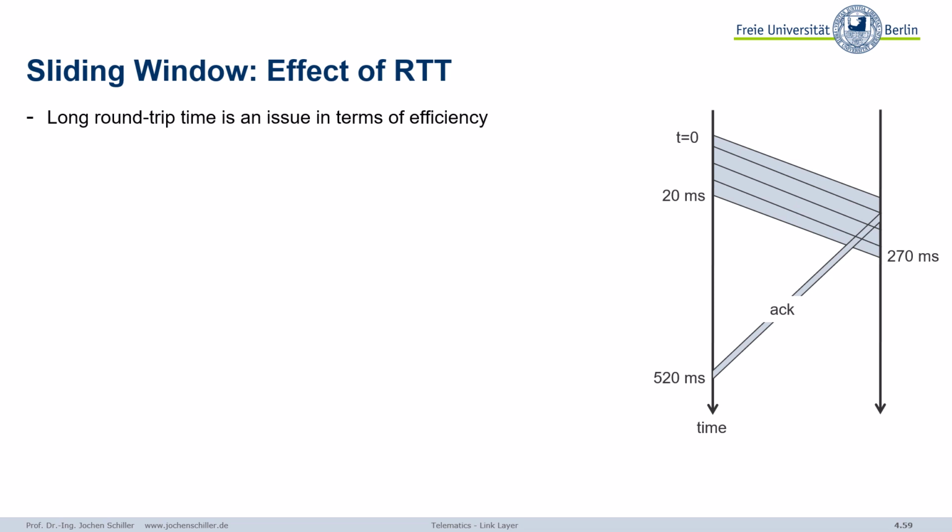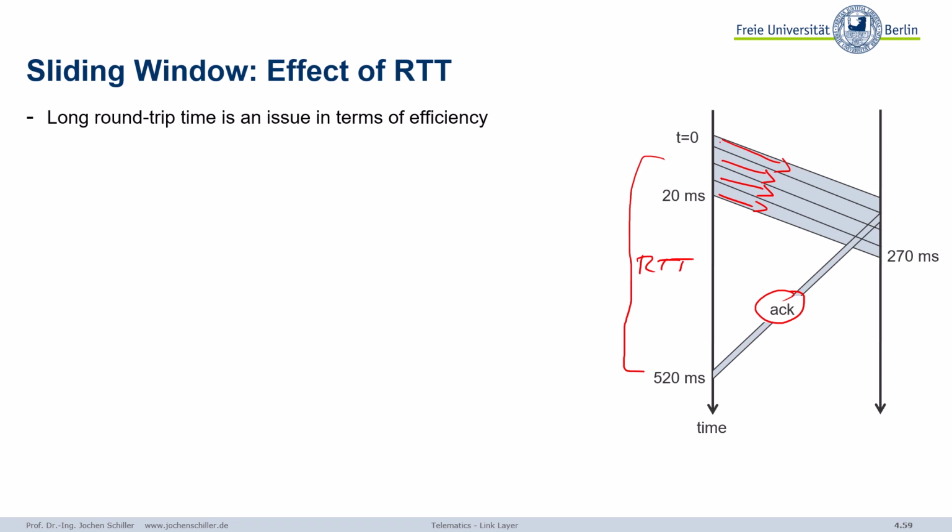We learned now that we can send several frames without being acknowledged, but we also know that it takes a while before we get back the acknowledgement. And this time here, that's our round trip time.